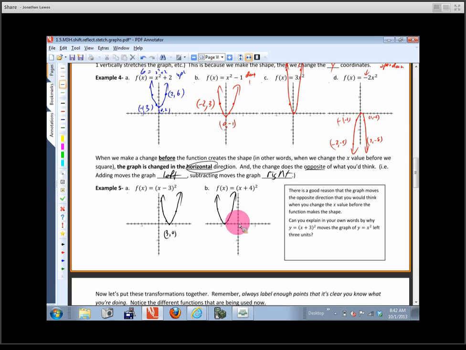We're adding something to it or we're subtracting something from it. So if I subtract 3, you would think it would back it up 3, but it doesn't. It moves it forward 3. It moves it to the right 3. It takes us a little longer to make the shape. It takes us 3 units to the right to make the shape. Anybody want to take a stab at it?